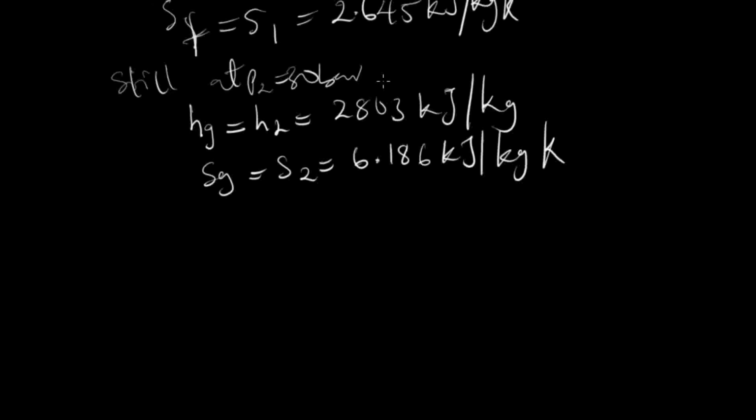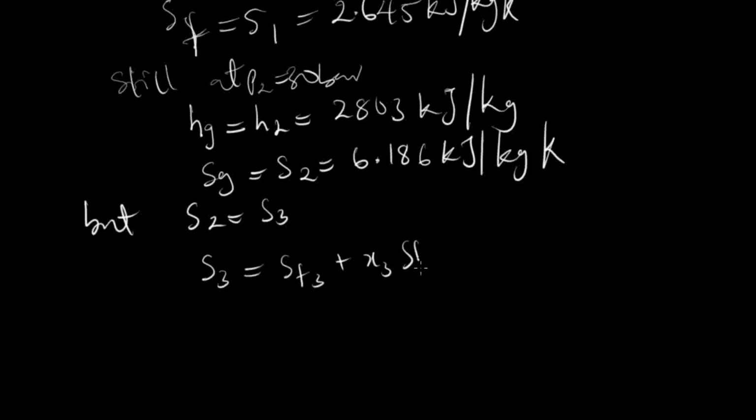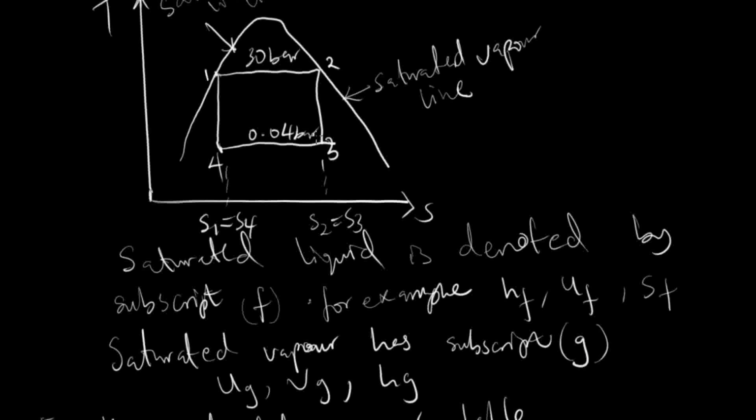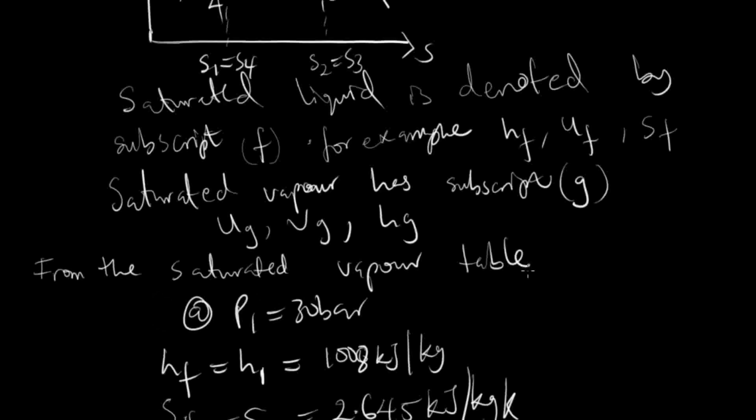So remember, from the diagram, s2 equals s3. So you find s3 equal to sf3 plus x3 sfg3. At P3, if you look up, the pressure is 0.04 bar.